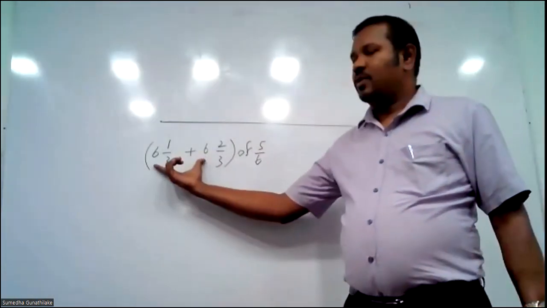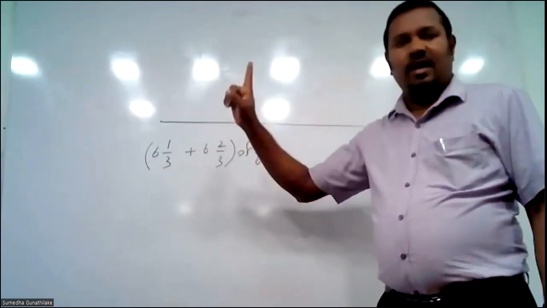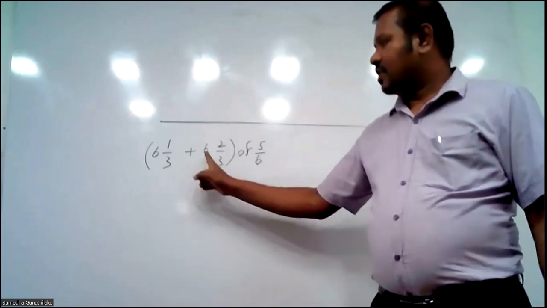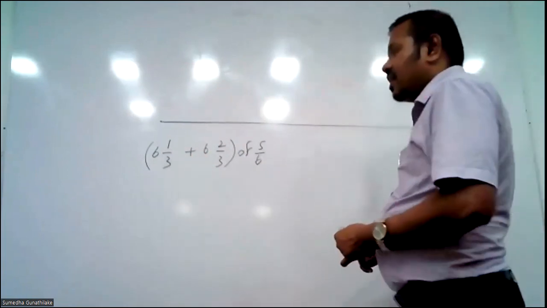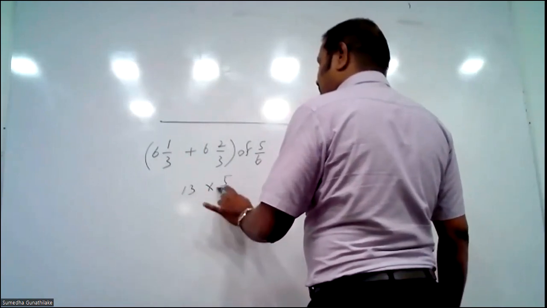You can easily add these two, no? 1/3 plus 2/3, that is 1. Right? 6 plus 6, 12 plus 1, 13 into 5/6.